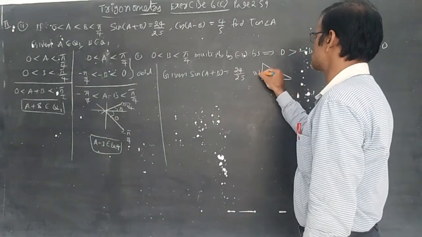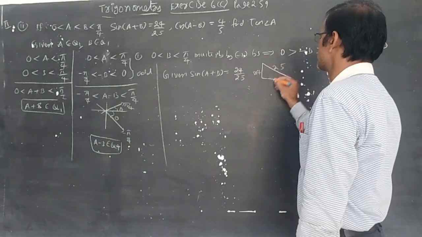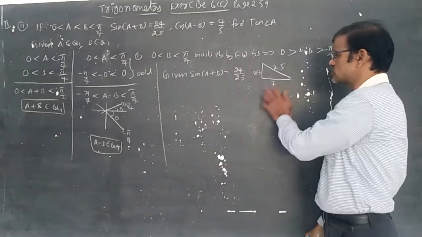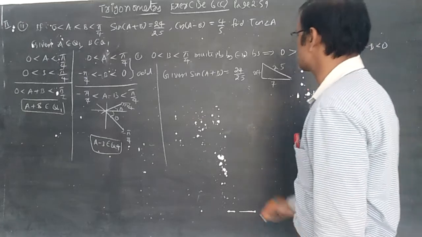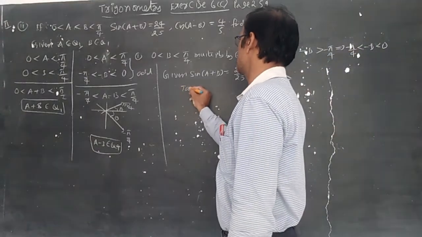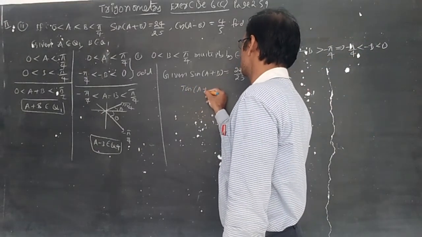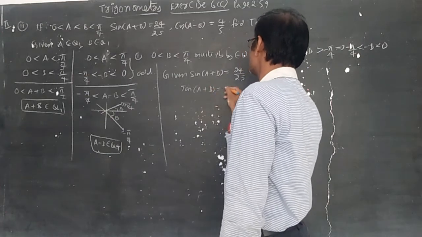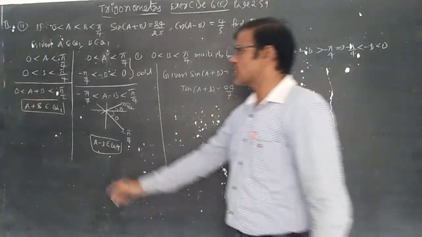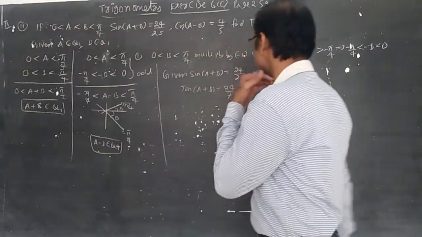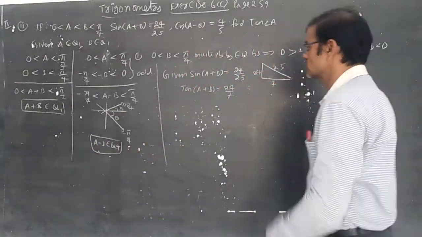Sine means opposite side by hypotenuse. This is 24, this is 25, this is 7, according to the 25 squared minus 24 squared concept. Using this triangle, tan of A plus B means opposite by adjacent, here 24 by 7. Because A plus B is in Q1, this is positive.